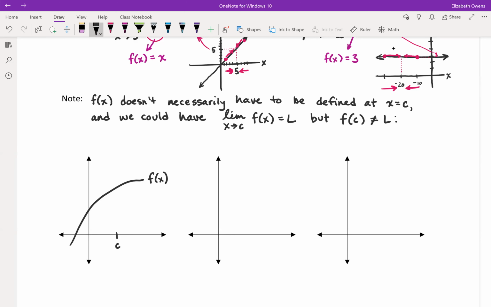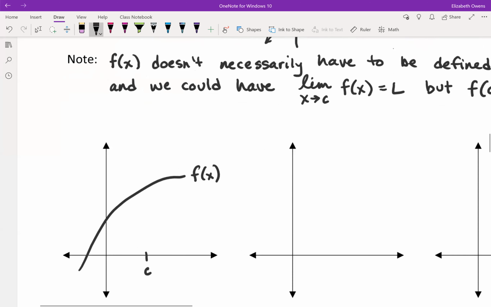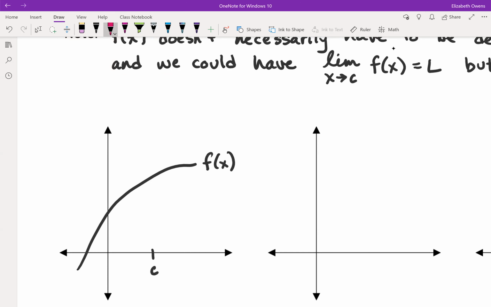And so we can even find the limit like we were doing on those previous graphs. All right, we're going to get closer and closer to x equals c, coming in from both directions. Put your fingers on that function curve and horizontally move them closer and closer together, approaching x equals c, and see where the y values go.